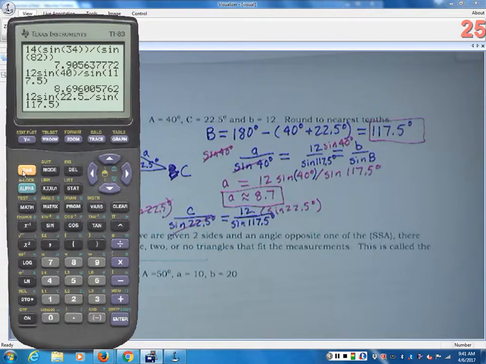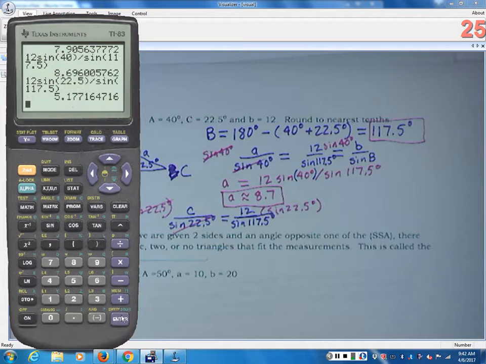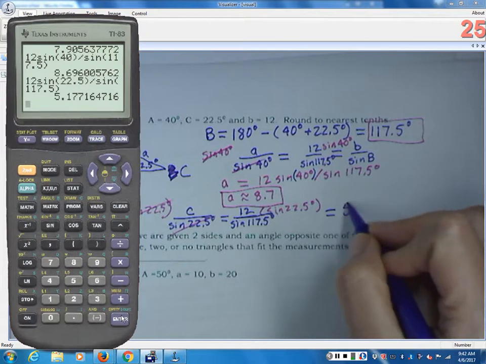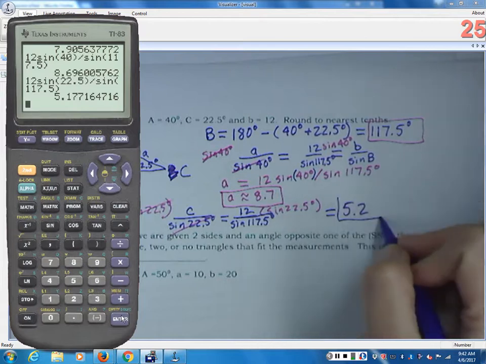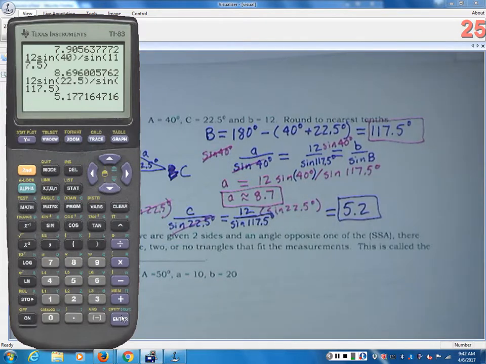I recalled my last entry with second enter, and I went in and edited and put in sine 22.5. I've got it right. Hit enter, and it's about 5.2. Okay, so that's the first page.